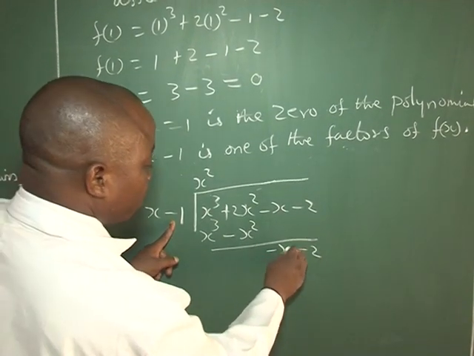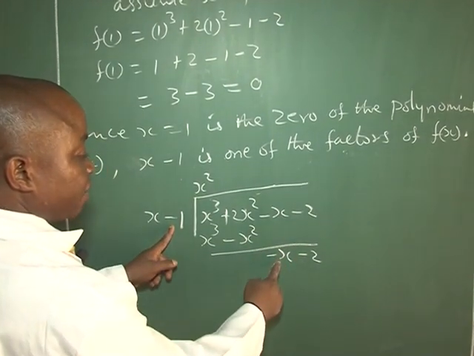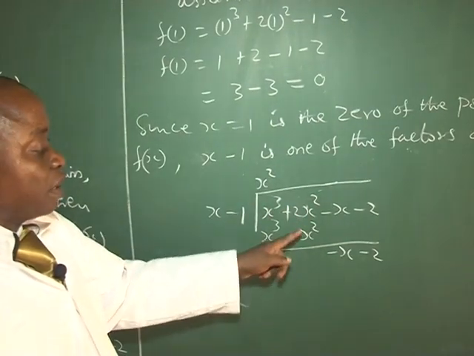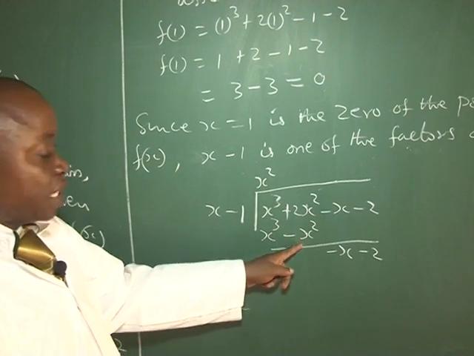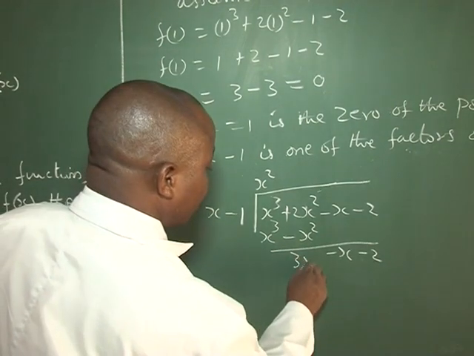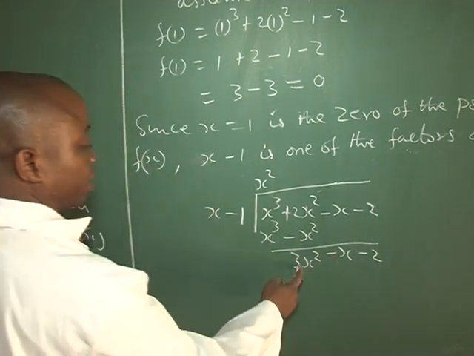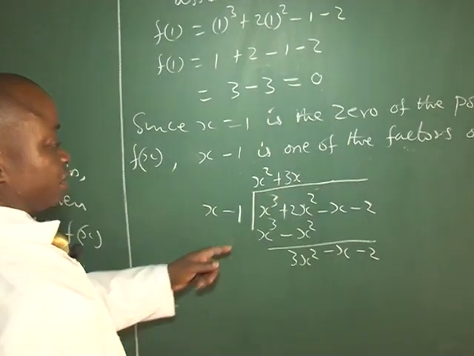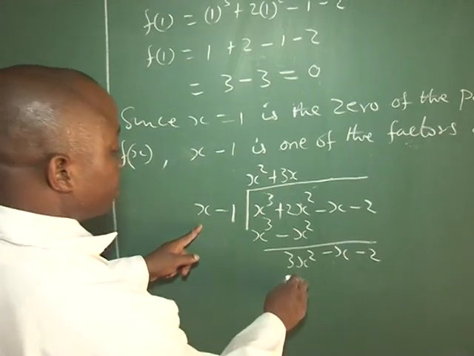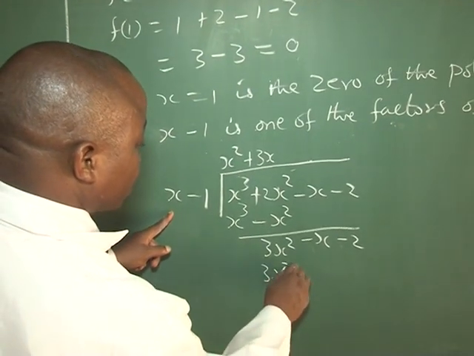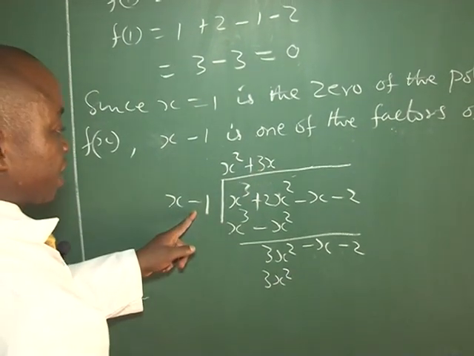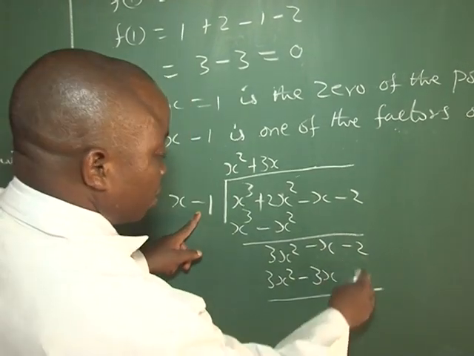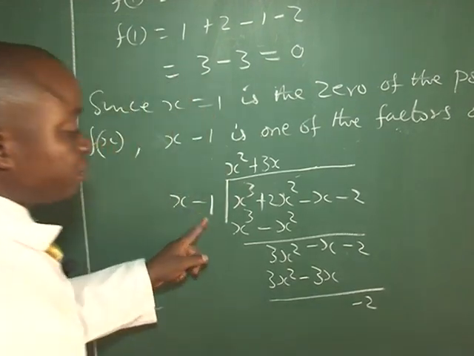Subtracting, I will have 2x squared minus x squared, which gives me 3x squared, and then minus x. Now 3x squared divided by x will give me plus 3x. 3x times x gives 3x squared. 3x times minus 1 gives minus 3x. Then we have minus 2.